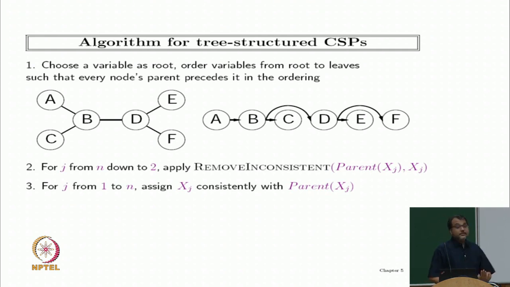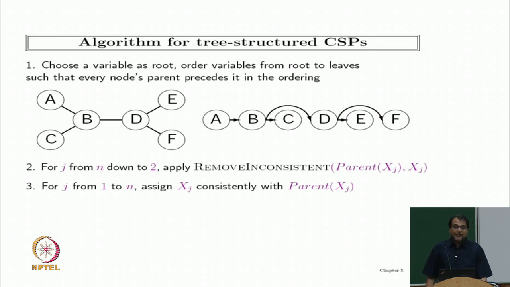But suppose I give you the subgraph D, E and F. Then what do I need to know? I need to know which values of D exist such that I have at least one value of E for them and at least one value of F for them, which I can do by an arc consistency algorithm.